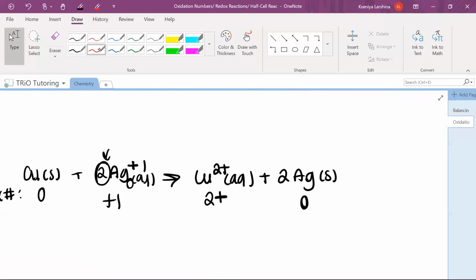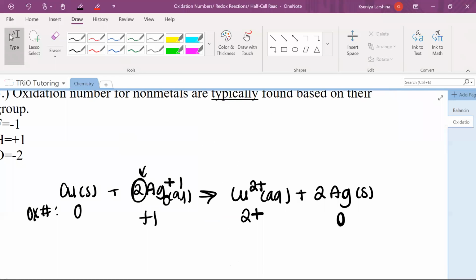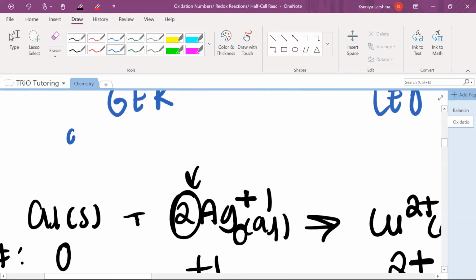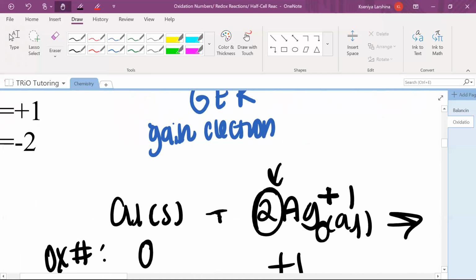You've probably heard of these 2 mnemonics, GER and LEO. GER is gain electron, reduced.